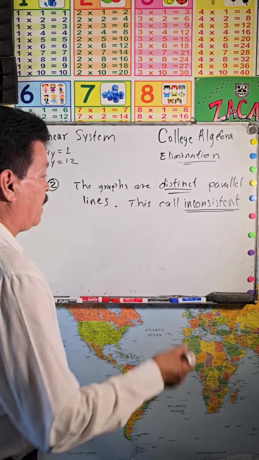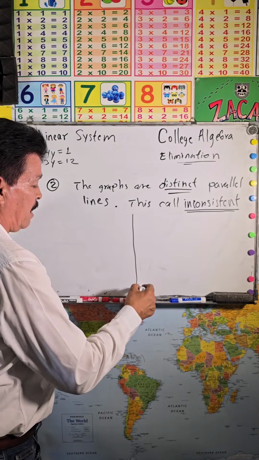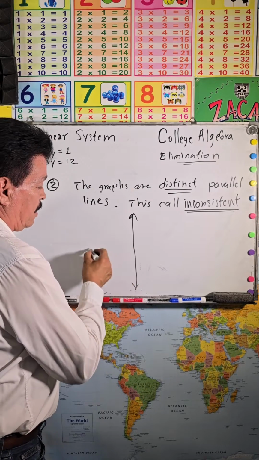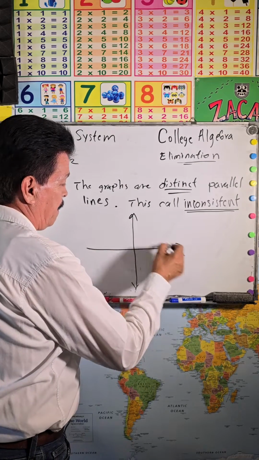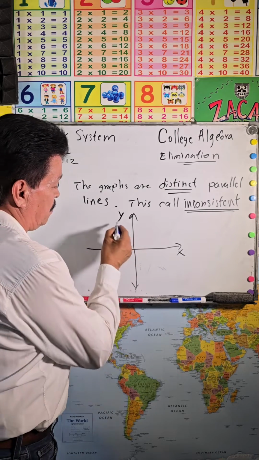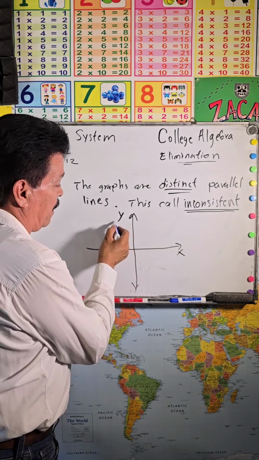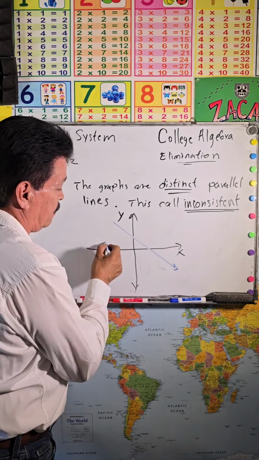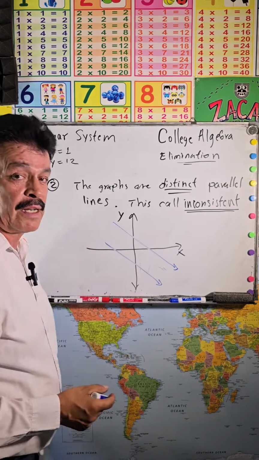Okay, this is when the graph of the answer is like this. For instance, you have your problem. This is parallel. We are talking about parallel lines, like this. Parallel lines, right?